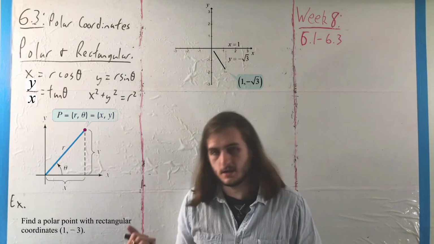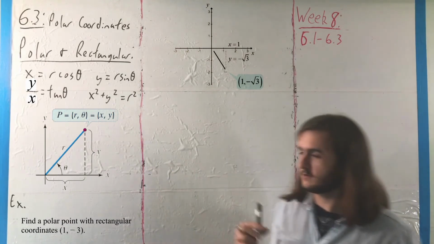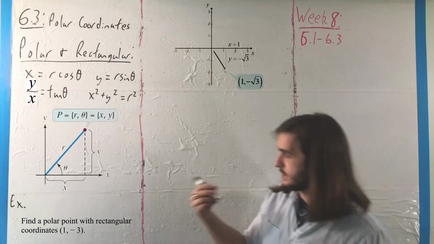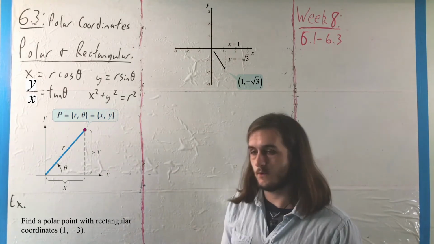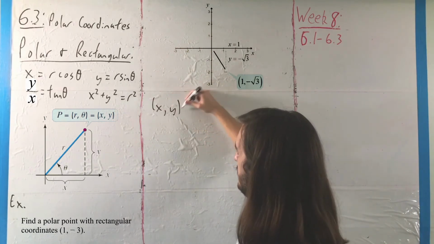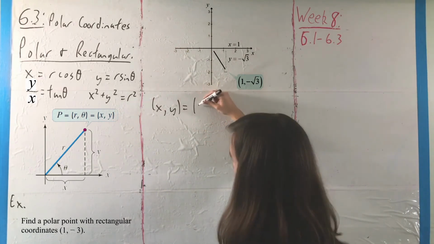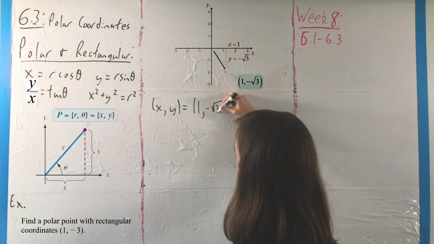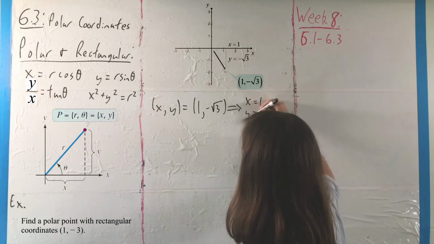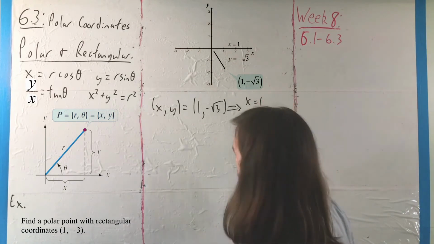We may want to understand roughly the shape of what we're looking at in terms of a location. From here, we need our values for r and theta using the fact that we have (x, y) equals (1, -√3), so x equals 1 and y equals -√3.